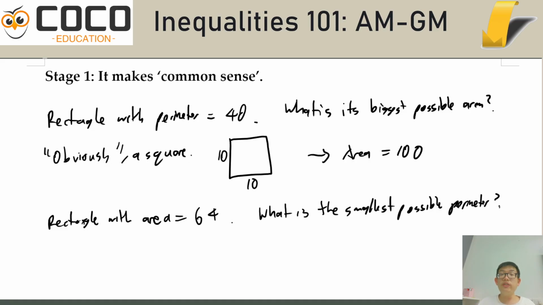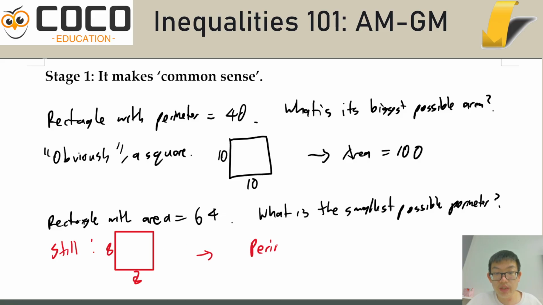Now again, you would tell me that's very obvious. It's still a square. So still a square, 8 by 8. And your answer is your perimeter equals 4 times 8 equals 32 should be the smallest.